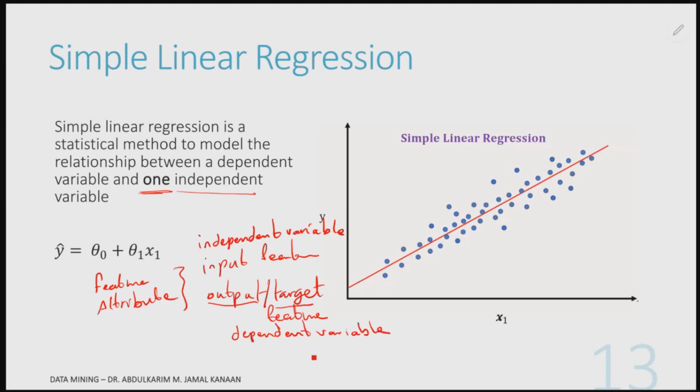If we say our dependent variable is house median value, or we say our target variable house median value, same thing. They are dependent. While independent feature, meaning our input feature. So anyway, for simple, we have one independent variable. That means we have one input feature.